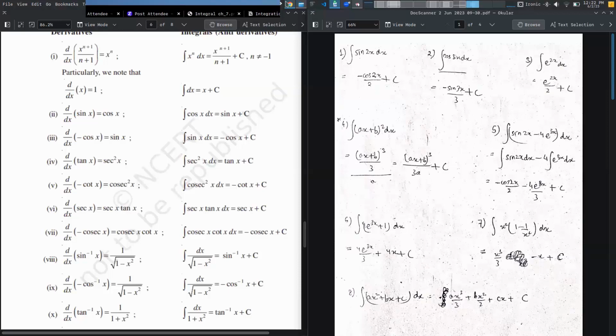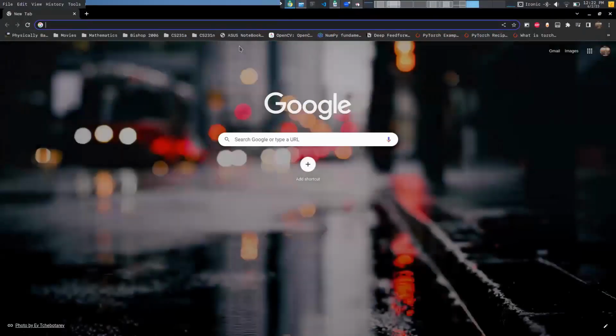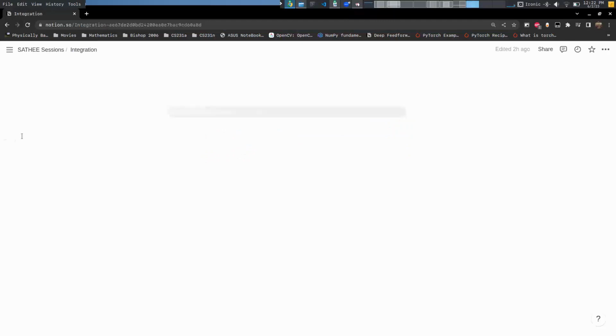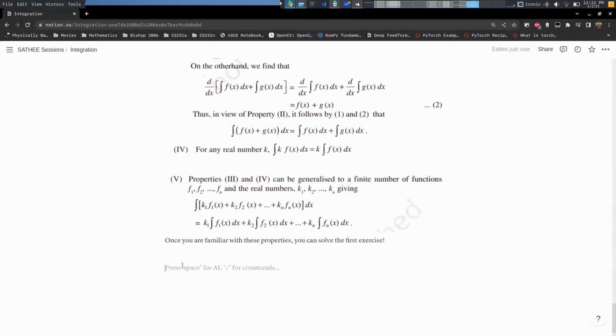In such a situation, let me explain this. You can see sine 2x dx. Here you can simply write it in terms of 2x. Now, how did we write this?